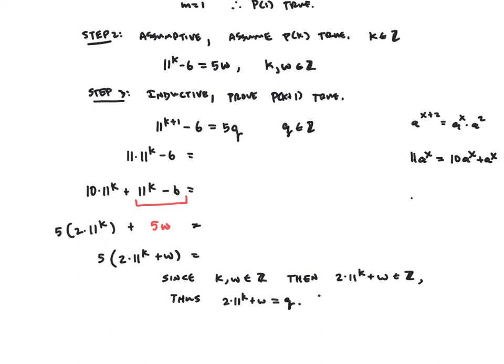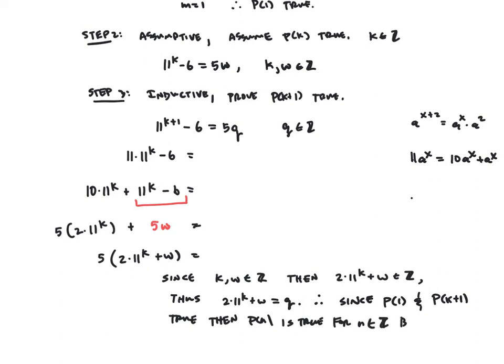All right, therefore, since, now we start our therefore statement, p of 1 and p of k plus 1 are true, then p of n is true for all n in Z by math induction. All right, there you have it. We got a couple more examples, a unique one coming next and on the last page.